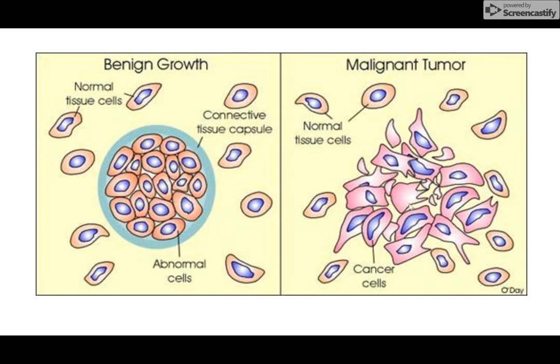Malignant, everything they're doing is about division. All they want to do is keep dividing. And so this is where you start to see cells that are really malformed, not carrying out their normal functions, impeding other cells from doing their functions. And this is what makes malignant tumors so dangerous.